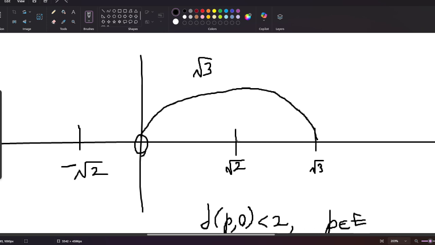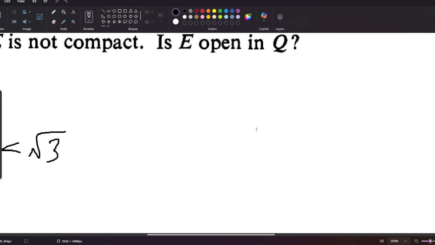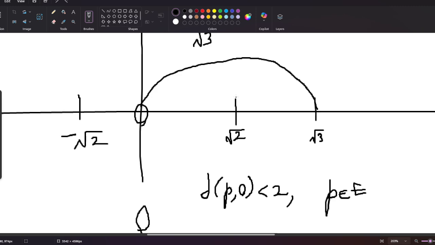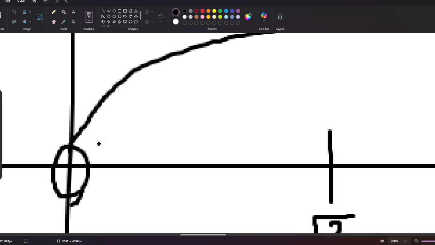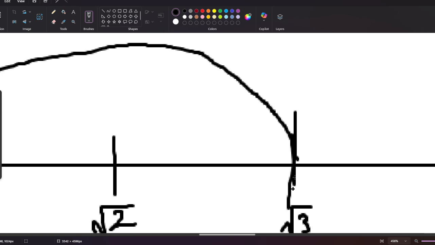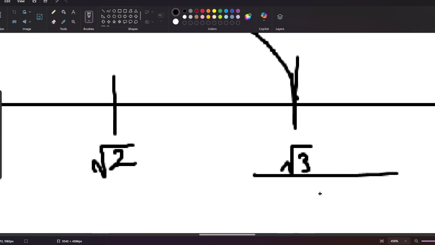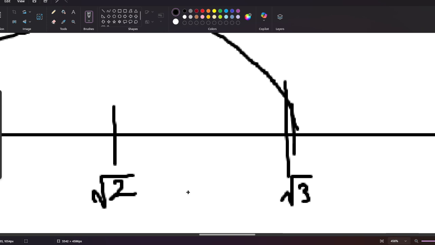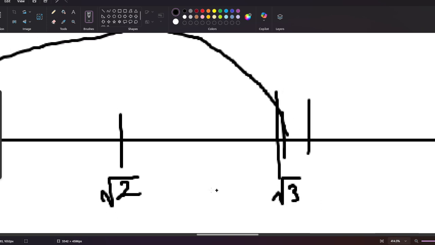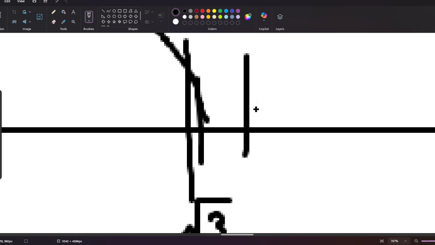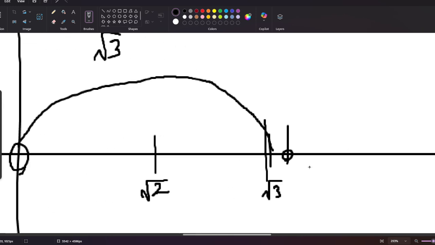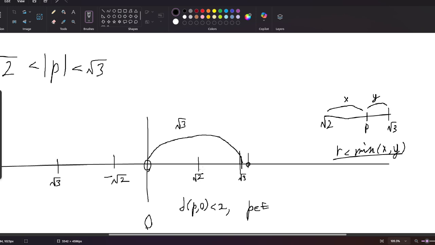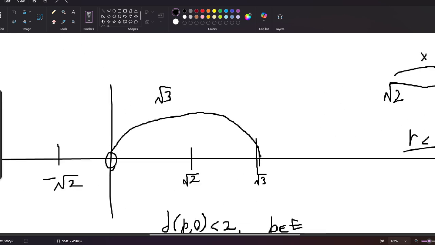I'm not going to do it very rigorously with absolute value arithmetic, purely because I have very little time right now. I'm sorry for that. If we were to pick some point here, for one, we can't pick the point square root of 3, for example, because the issue with it is the fact that it's not rational. So we have to pick something lesser or greater. Now, if we pick something greater than square root of 3, then obviously there's going to be a sufficiently small radius such that no point is going to be part of E whatsoever. So that's not an option at all.